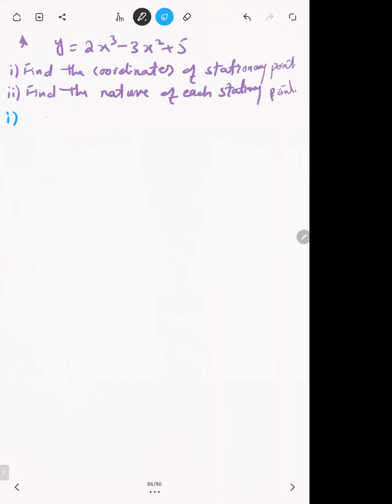So your dy by dx is 6x square minus 6x. To find the coordinates of the stationary point, for a stationary point the gradient is 0. So put dy by dx equal to 0.